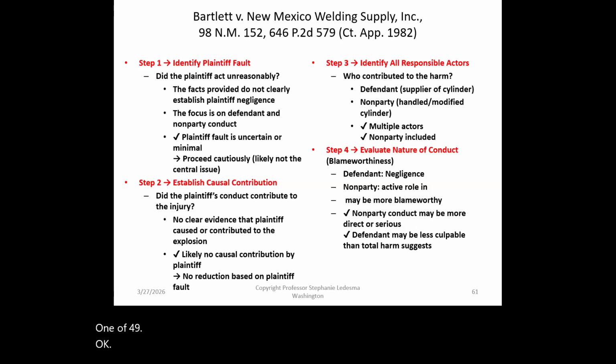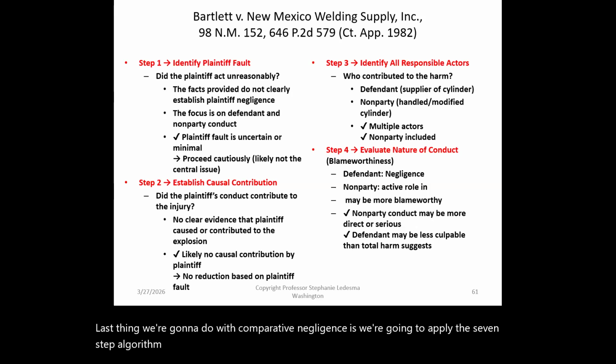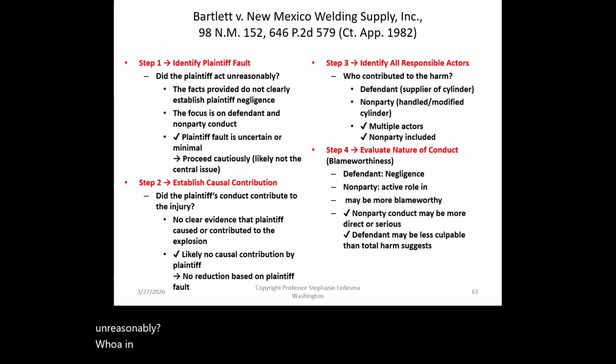Last thing we're going to do with comparative negligence is we're going to apply the 7-step algorithm to the Bartlett case. So let's identify the plaintiff's fault. Did the plaintiff act unreasonably? Well, in this situation, you've got the plaintiff acting, if at all, fractionally because the jury came back with 0%.